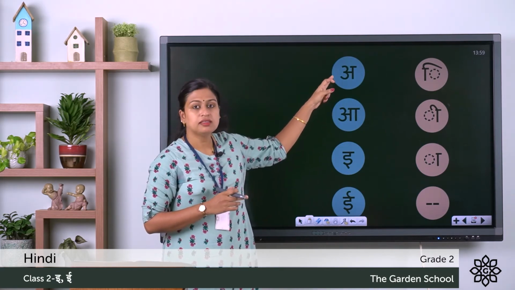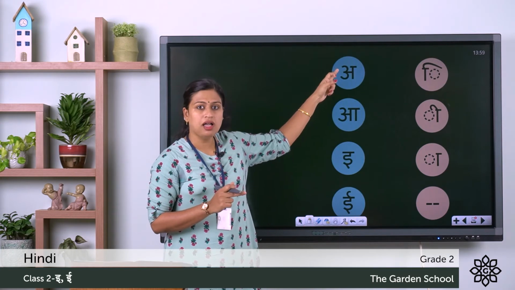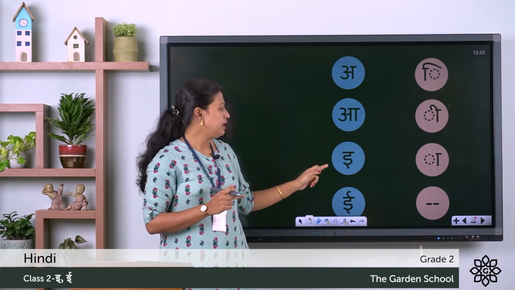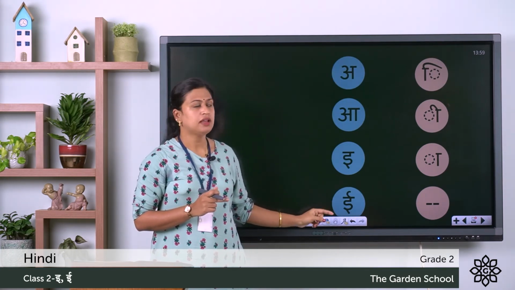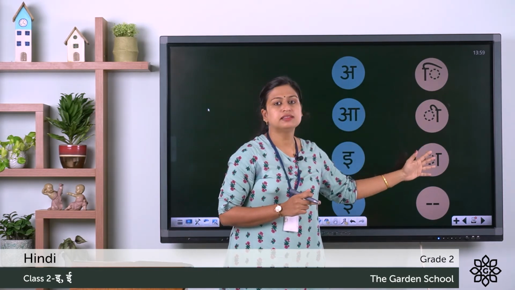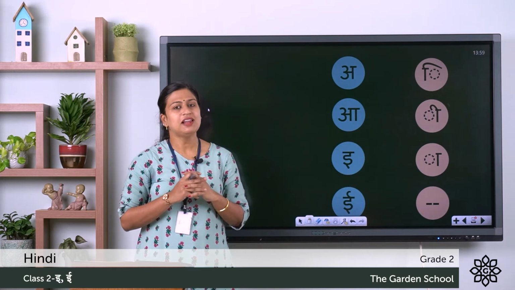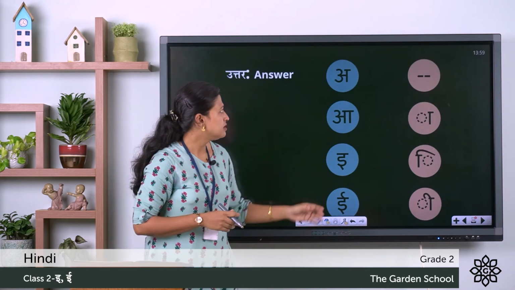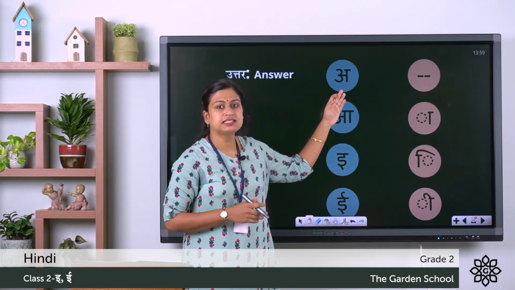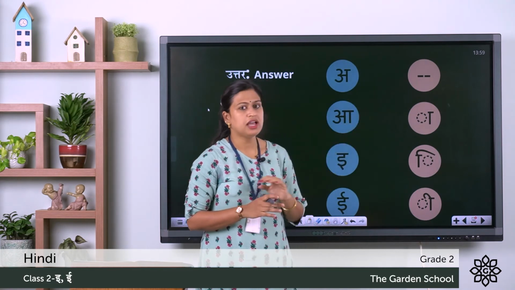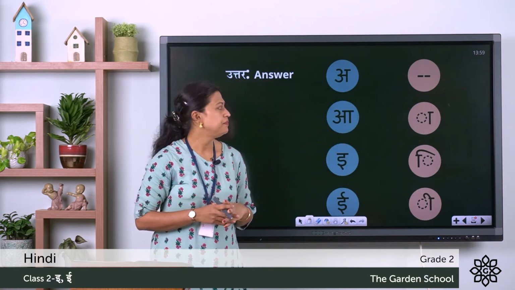As you can see, the first Swarakshar is A, E, and here there are the symbols. So you need to match it. Now let's see the answers. So the first Swarakshar, it's A, and this Swarakshar has no symbol.